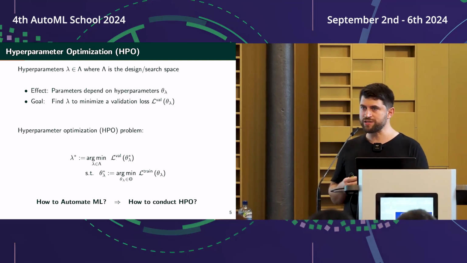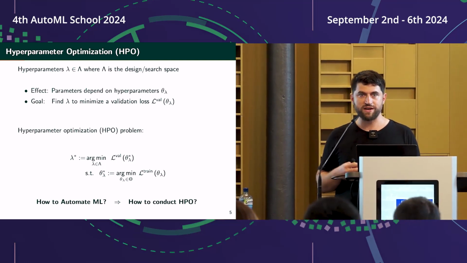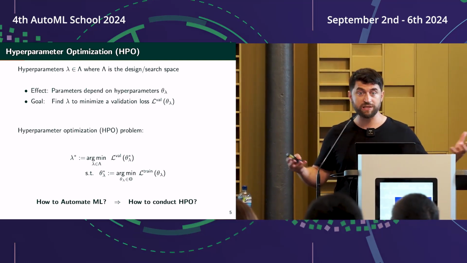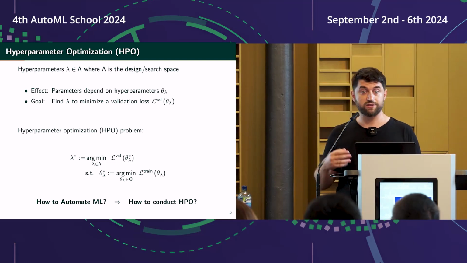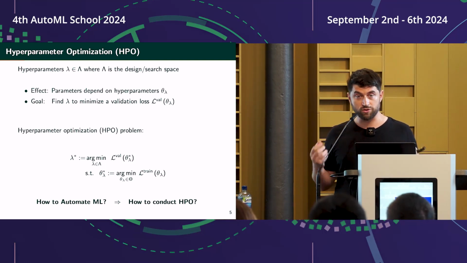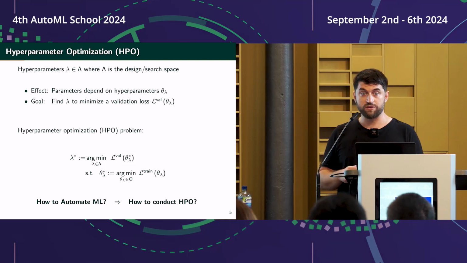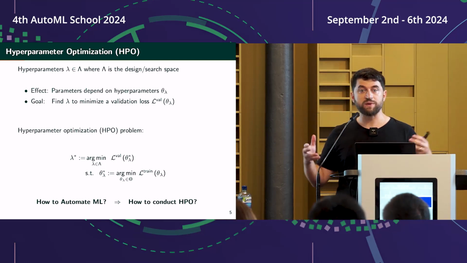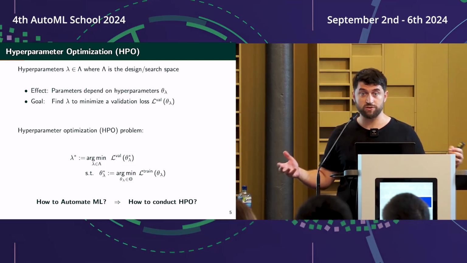What we want to do is find the optimal design choices for typically deep learning pipelines, in the sense of the optimal architecture, the optimal optimization-related settings such as the choice of the optimizer, the choice of the learning rate scheduler, the choice of what regularization technique to apply and what should be the strength of the regularization.